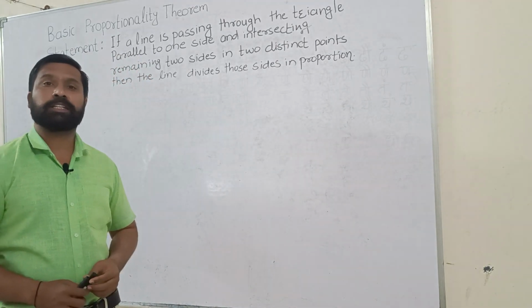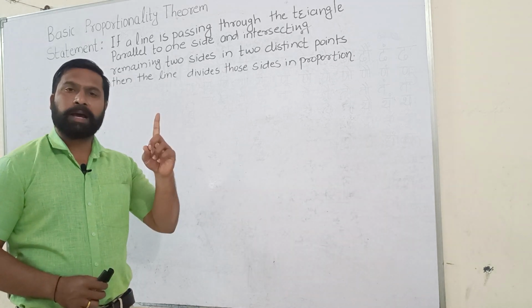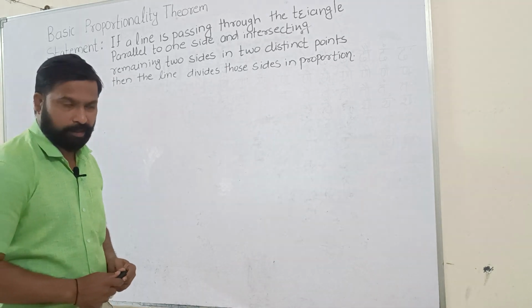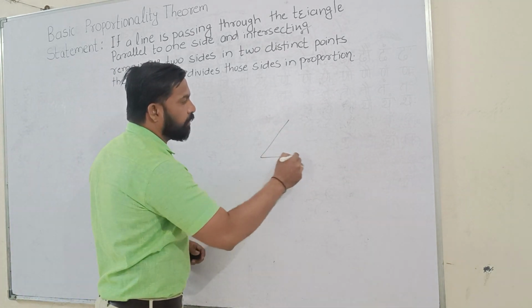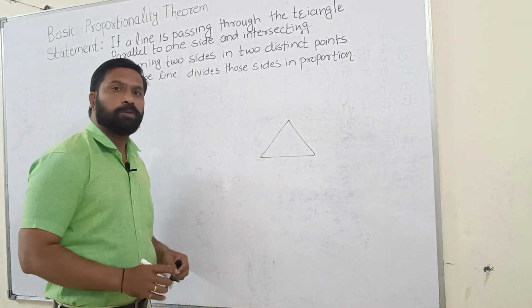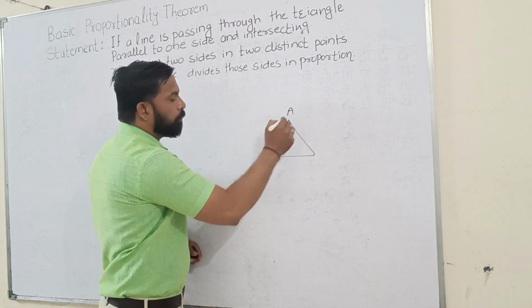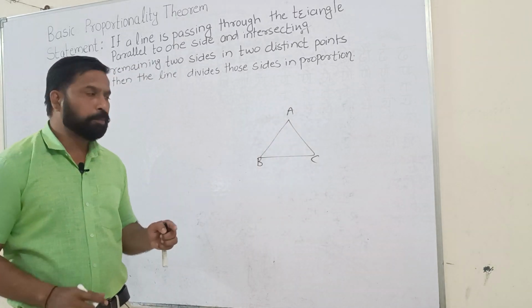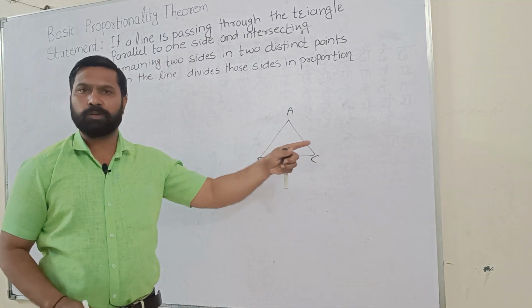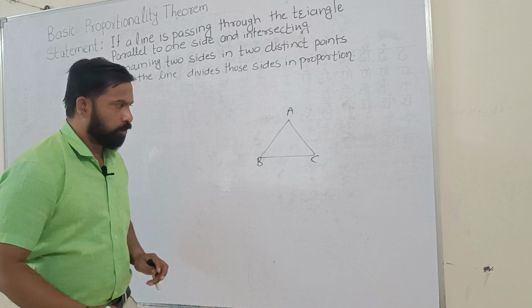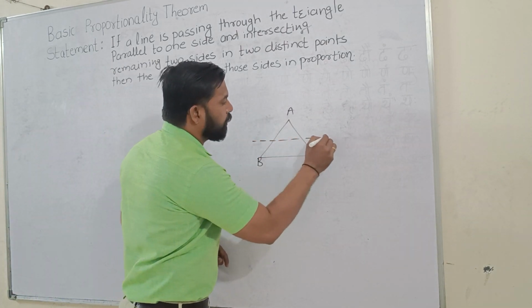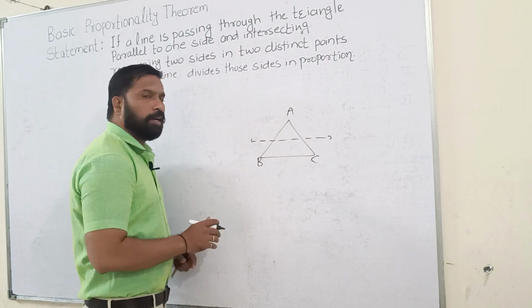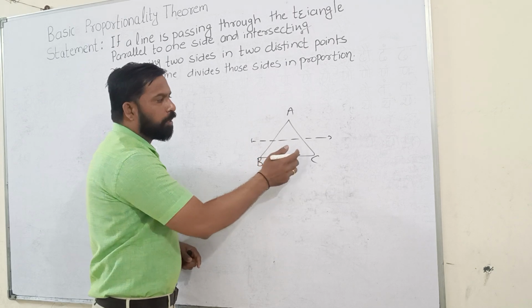If a line passing through a triangle is parallel to one side of the triangle, ABC is a triangle, and that line is passing through the triangle parallel to any one side. So I will draw it here like this. This line is passing through the triangle, and obviously this line seems to be parallel to BC.